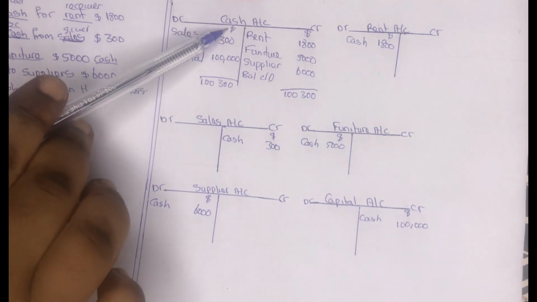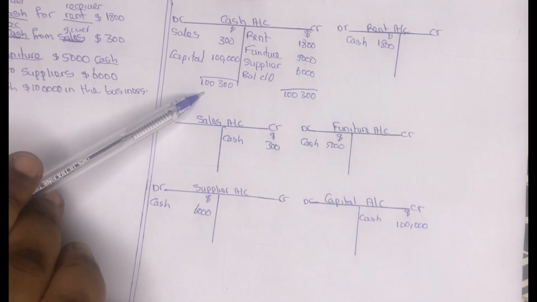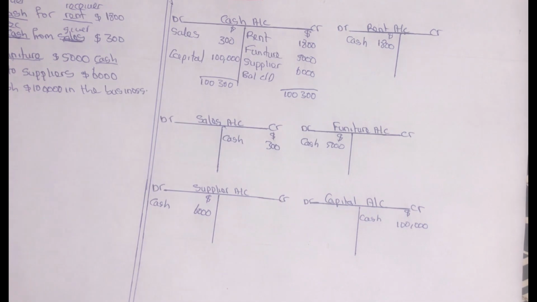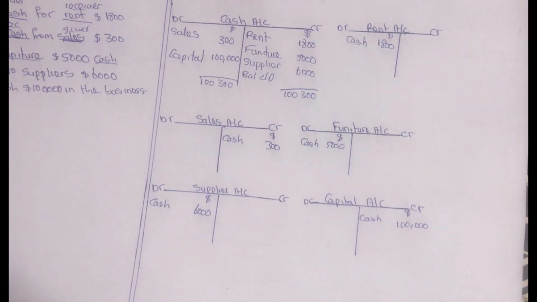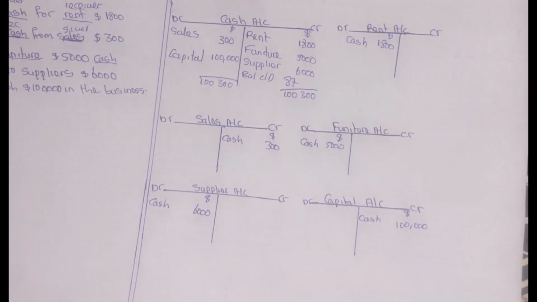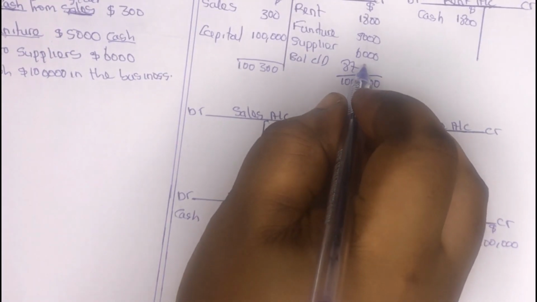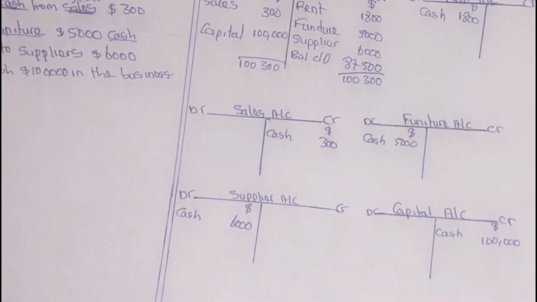If we sum this, we are going to arrive at this amount: 100,300, the same amount here, and then the closing balance. If we sum all of this, we'll have 12,800. So if we subtract the 12,800, we have 87,500. So this is the closing balance.